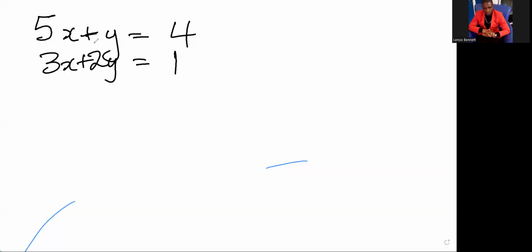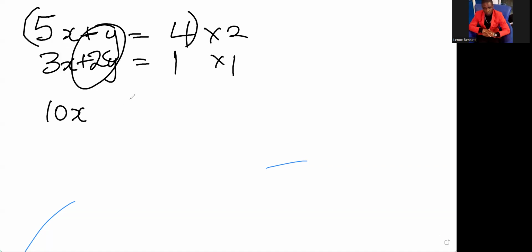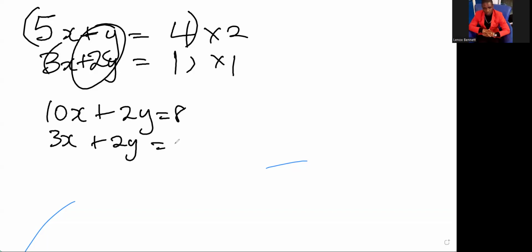Same thing basically, just multiply by 2 and 1, right? 2 times 5x, 10x, 2 times y, 2y, and 2 times 4 is 8. Now we multiply by 1. 1 times 3x, 3x. 1 times 2y, 2y. 1 times 1, 1.